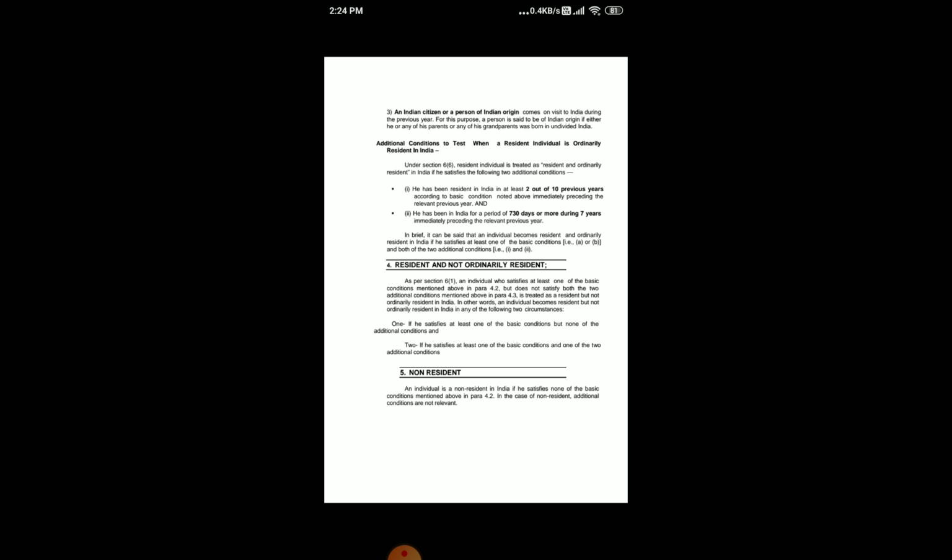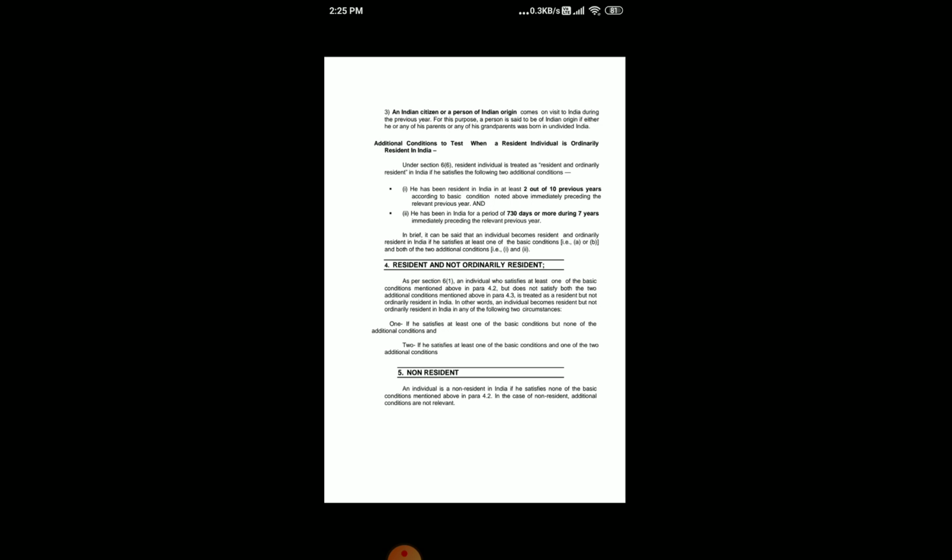Resident we call him, but he is not ordinarily resident. But if he does not satisfy any of the basic conditions, then he will be treated as non-resident, right?